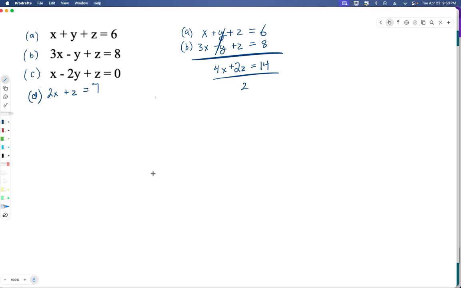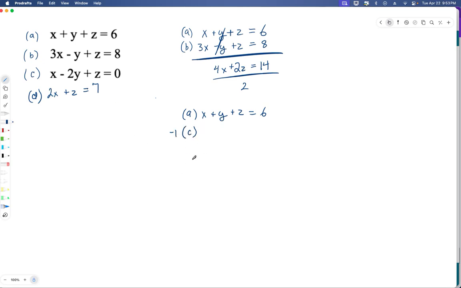All right, so I'm going to try to find something else that I can cancel. I'll tell you what. I'm going to use A the way it is. So x plus y plus z is equal to 6. And I'm going to take C and I'm going to multiply it by negative 1.